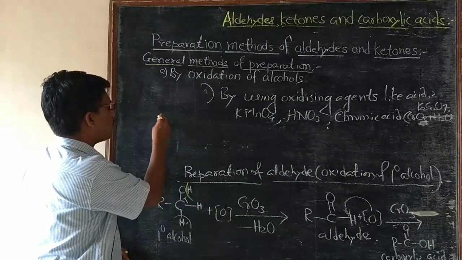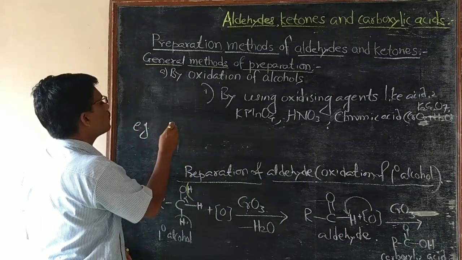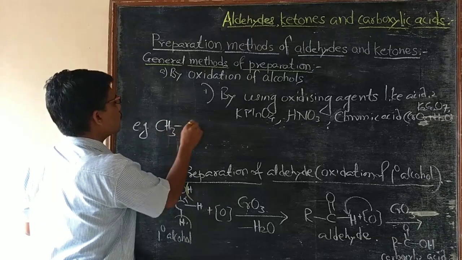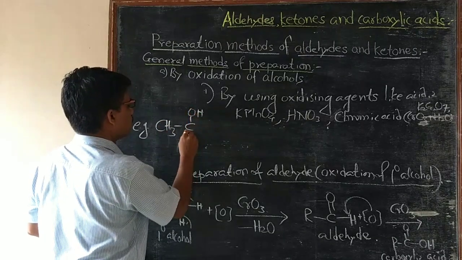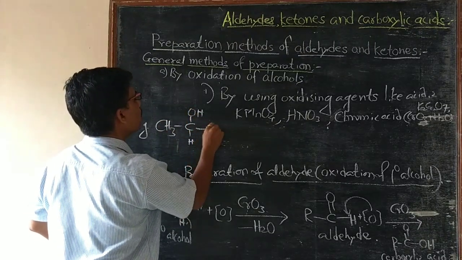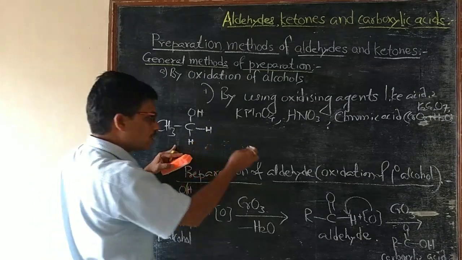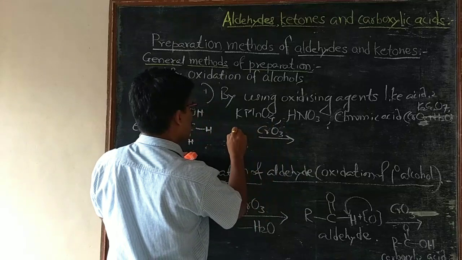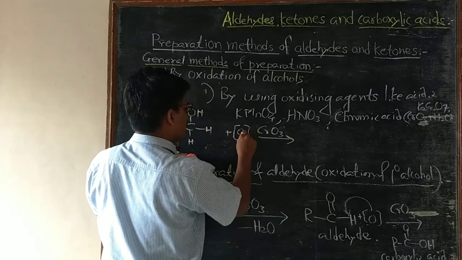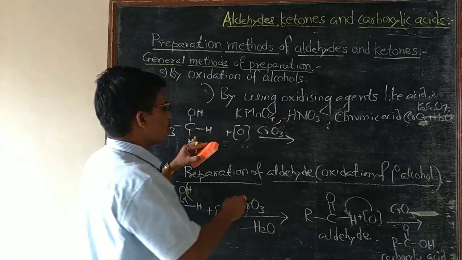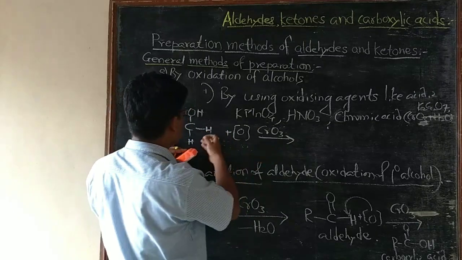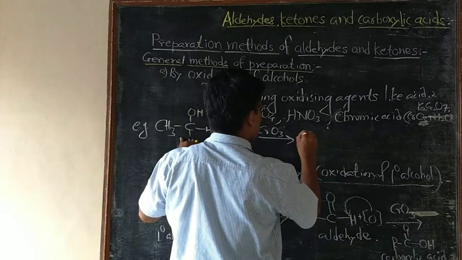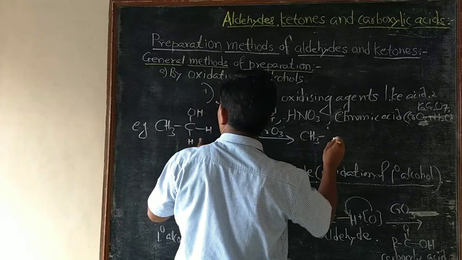For example, ethanol. Ethanol on oxidation using chromic acid gives its corresponding aldehyde, that is ethanal.